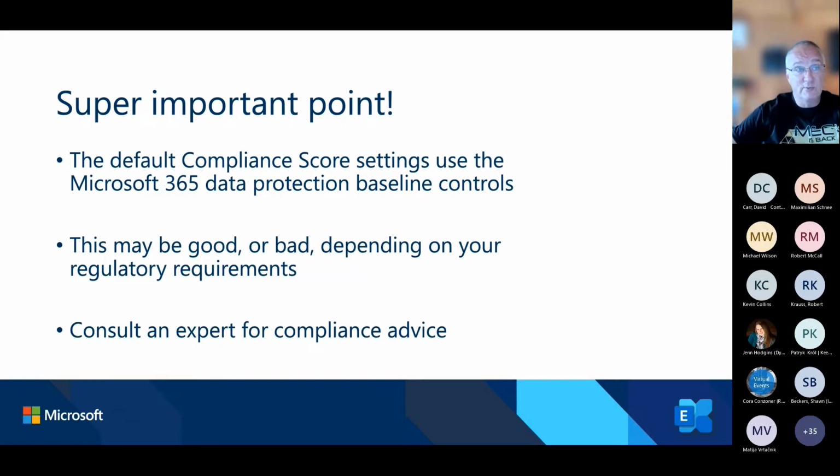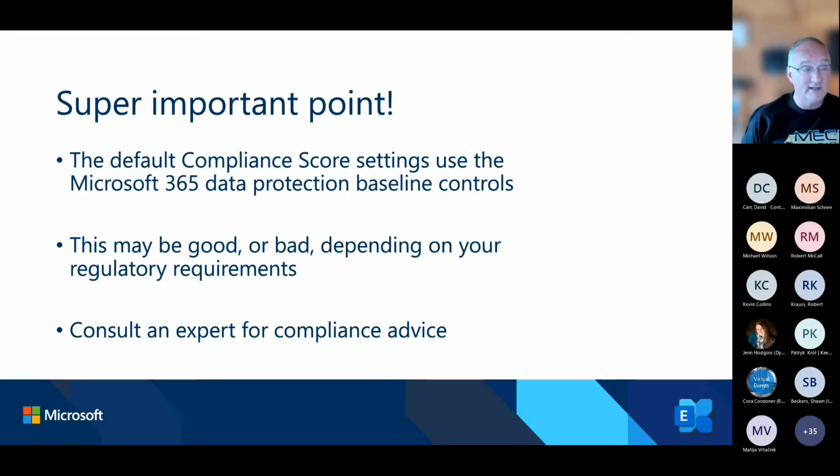So what happens if you don't do anything? I always like to talk about this question in the context of the service. If I just put my faith in Microsoft and say, I trust you guys, and I don't have any particular controls in mind, what do I get? Well, the default compliance score evaluations are going to tie you to Microsoft's default data protection baseline controls.